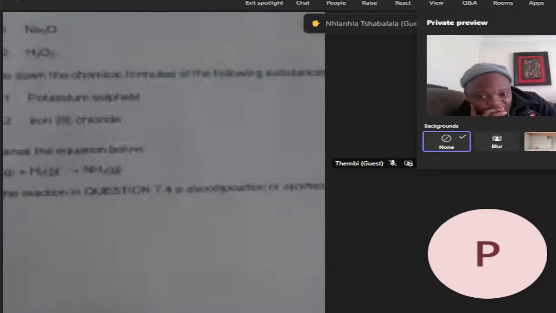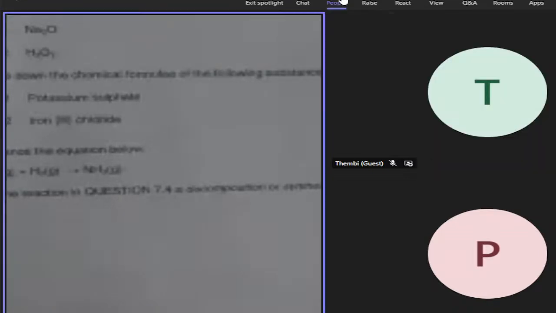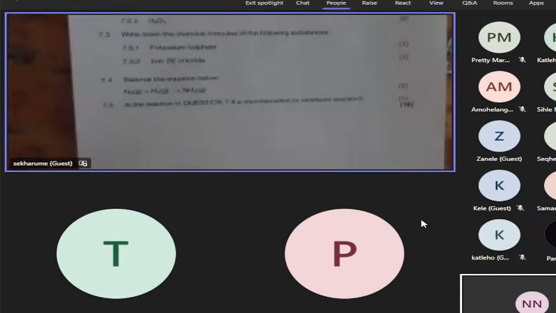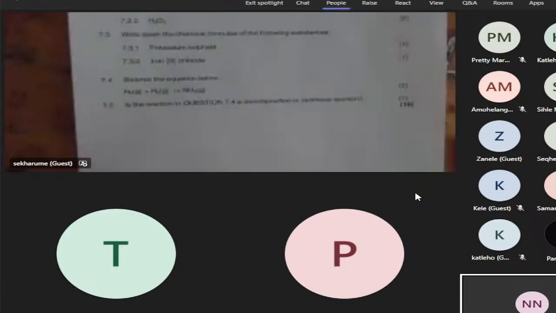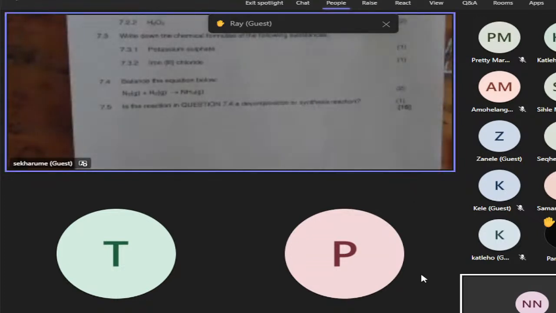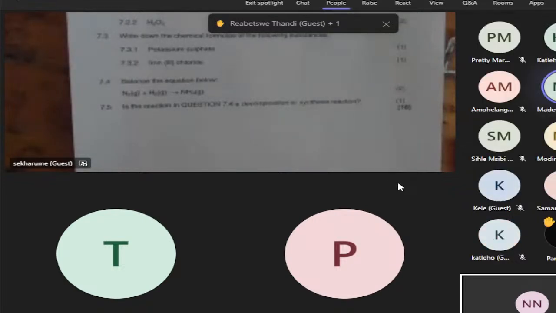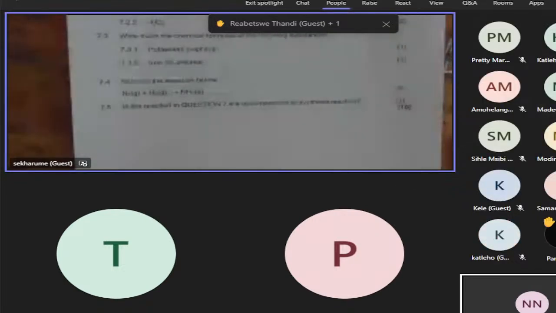Then turn off incoming video. Where is camera now? I'm looking. I don't see it. Yes, I can see it in the Nambani.